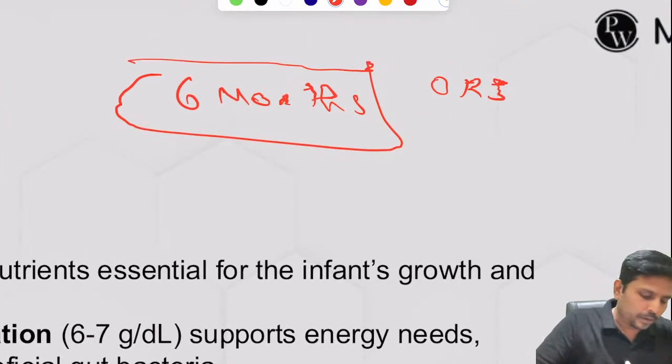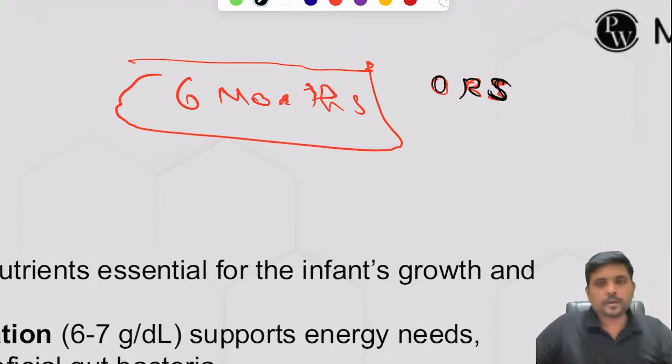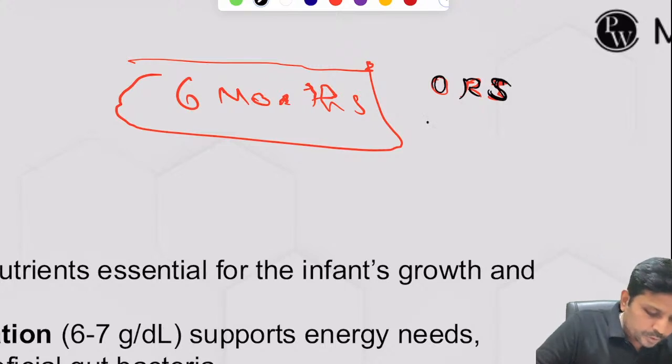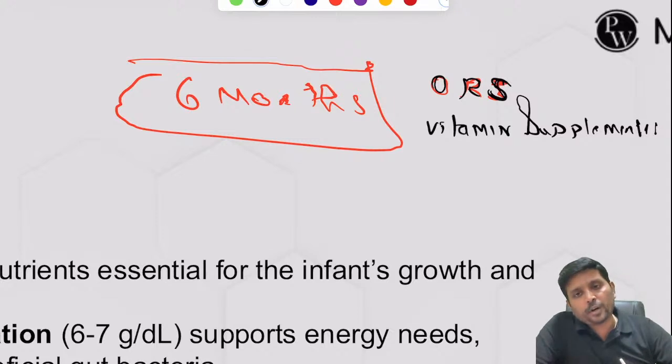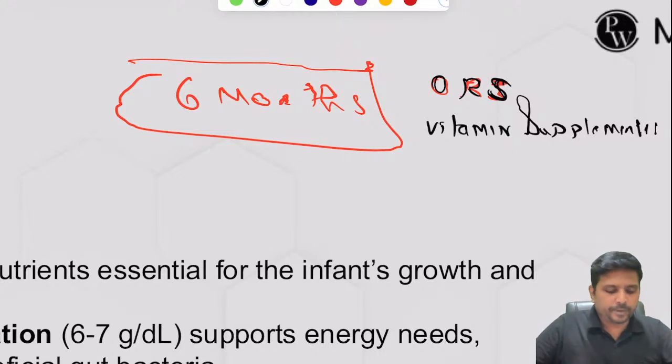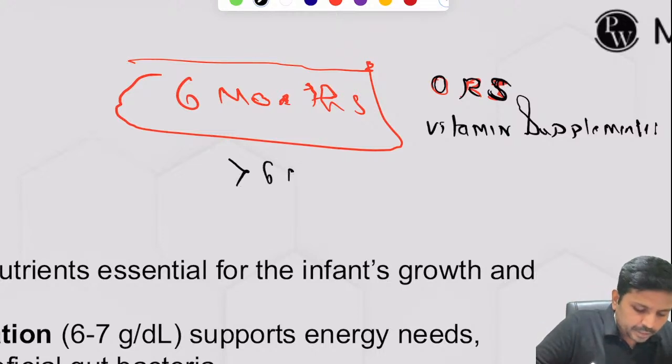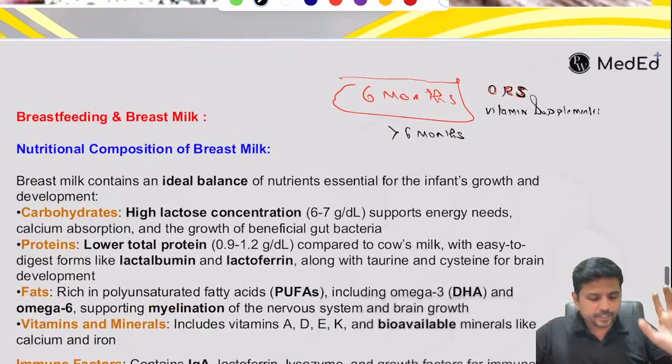Exclusive breastfeeding also includes vitamin supplements. Remember, giving ORS and giving vitamin supplements doesn't mean that it is not a case of exclusive breastfeeding. Weaning should be started after 6 months.